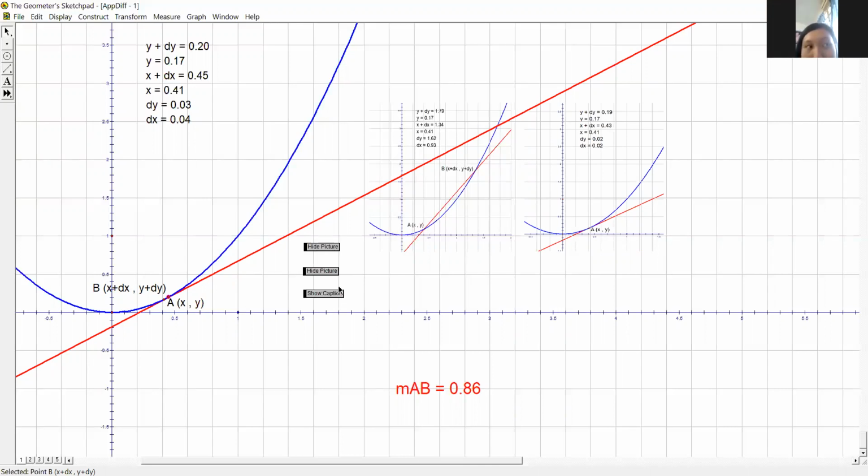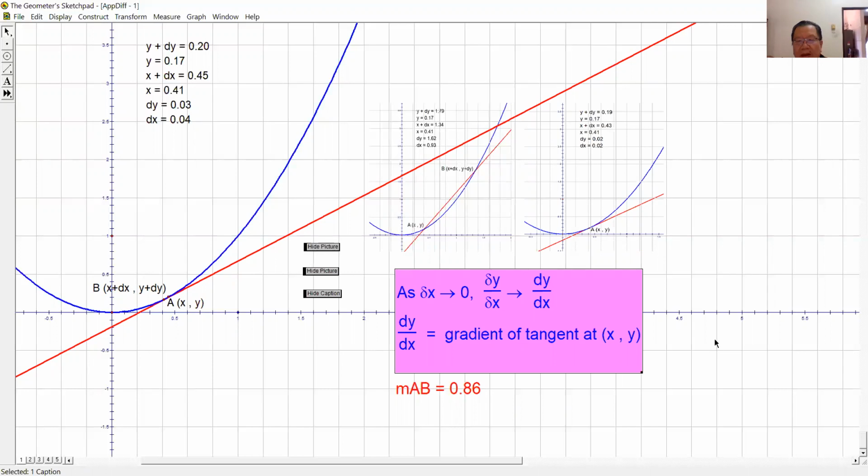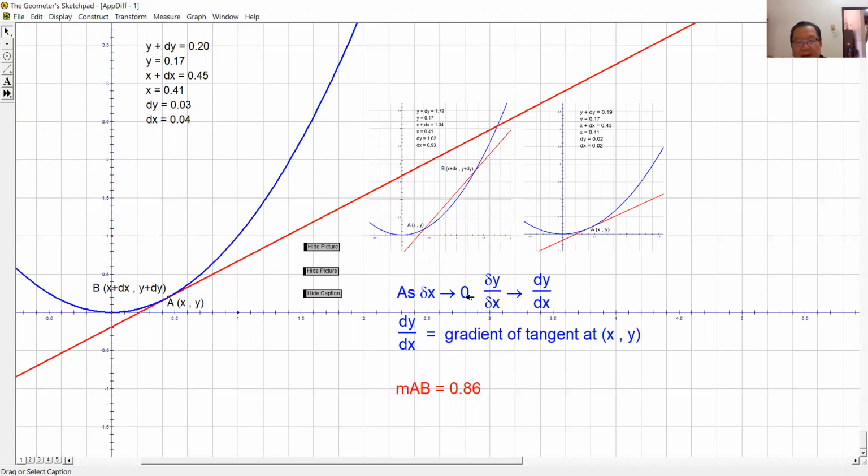So you see, now as delta x approaches 0, delta y over delta x approaches dy dx. So what is dy dx? We have learned it earlier using the first principle. Can you still remember the first principle? dy dx is actually the limit of delta y over delta x as delta x approaches 0.